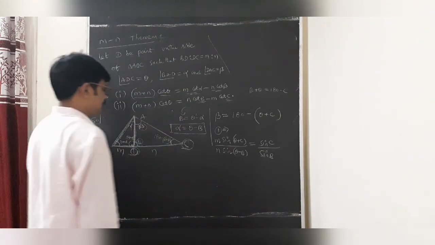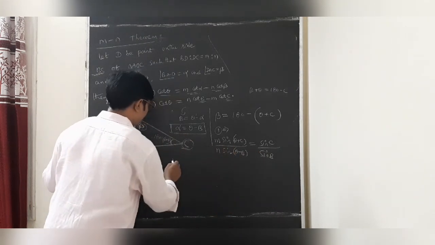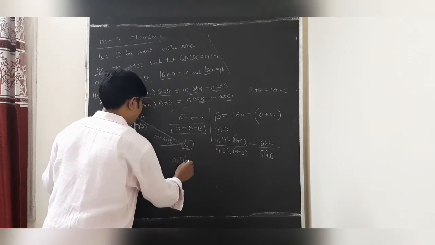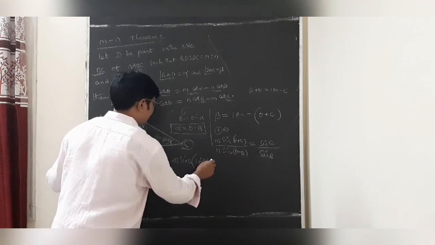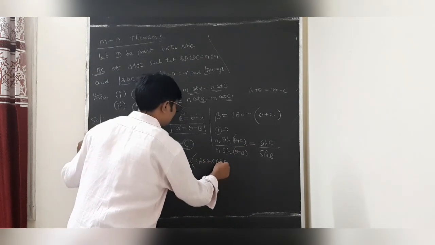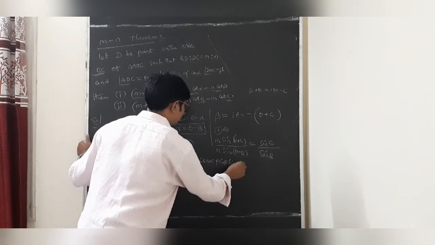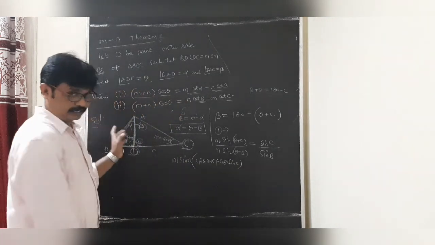You can write this as m into sin B. M sin B is sin of A plus B: sin theta cos C plus cos theta sin C. Is it clear, students?